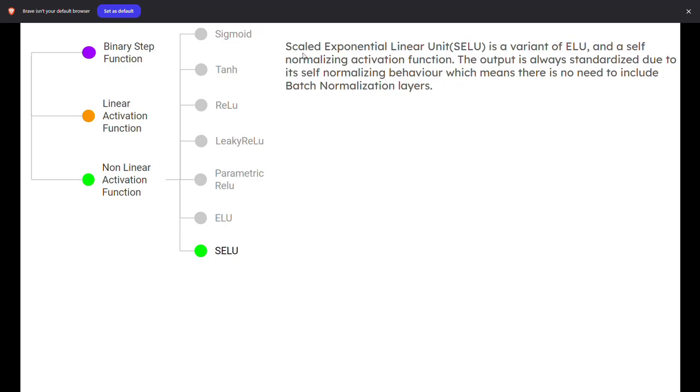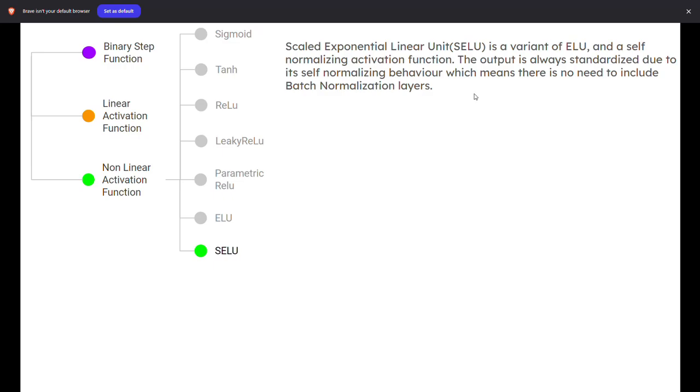As you see in the name, there is a scale, meaning it will scale and normalize the value. Since it involves normalizing the value in the neural network, you may not need batch normalization because it's already been normalized. This is the advantage of scaled exponential linear unit.